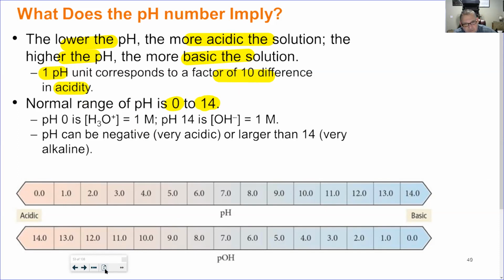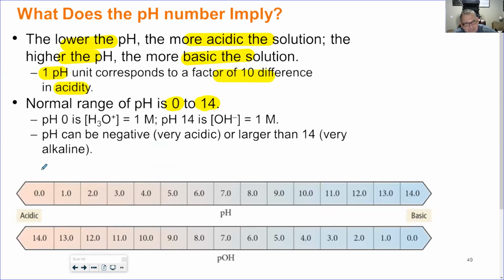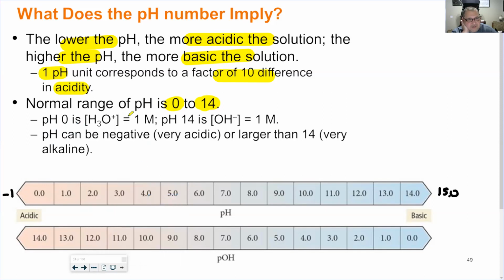It is very possible to have values of -1 for the pH, or a value of 15 for the pH. So those are not impossible. So pH 0 would imply that the hydrogen ion concentration is 1 molar.